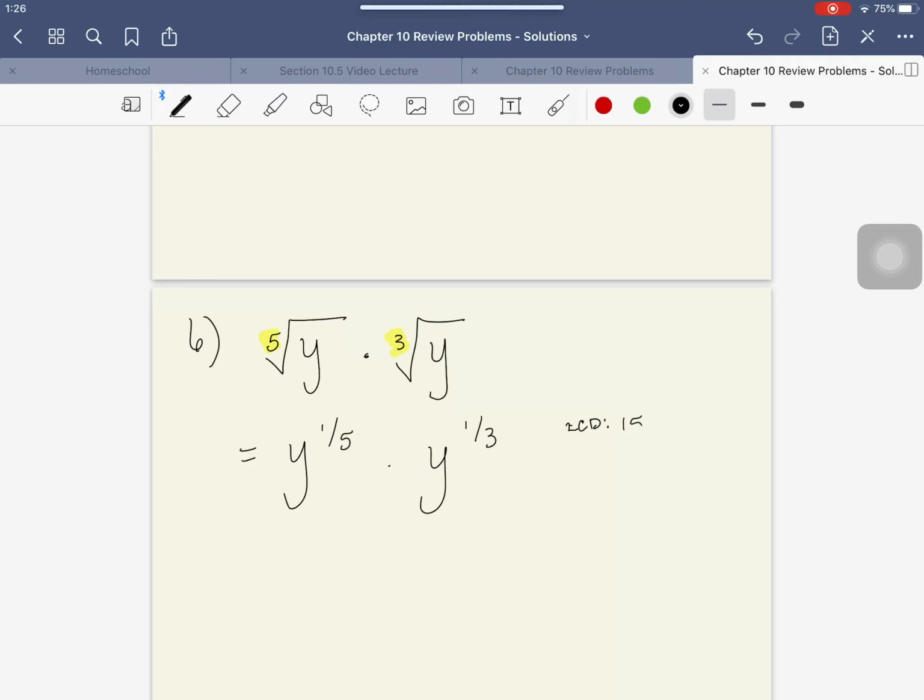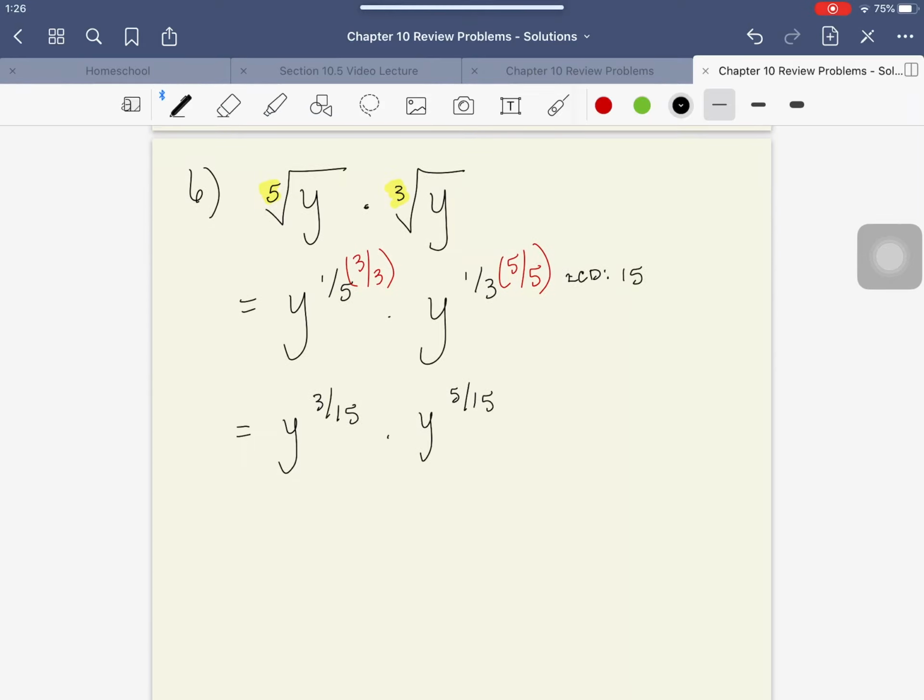The LCD is 15. So I'll multiply this fraction by 3 over 3 and this one by 5 over 5. So that'll be y to the 3/15 times y to the 5/15.